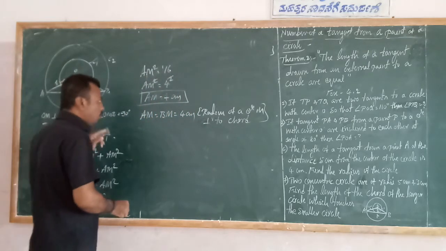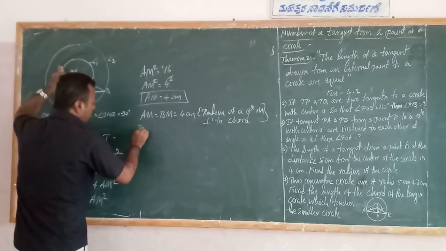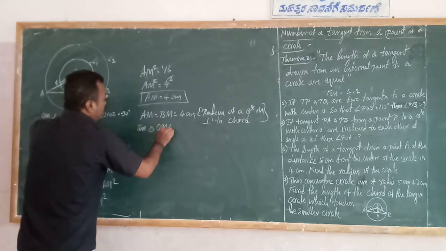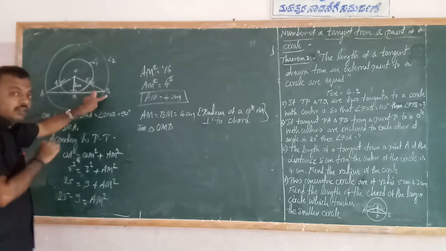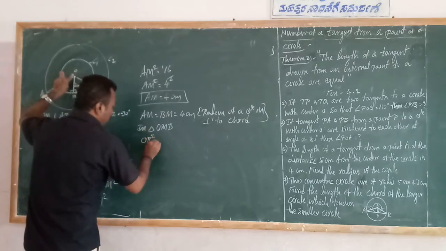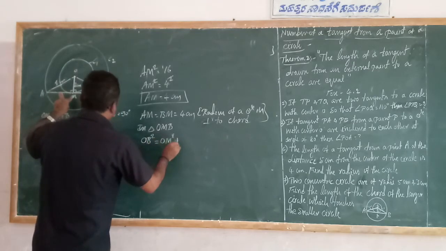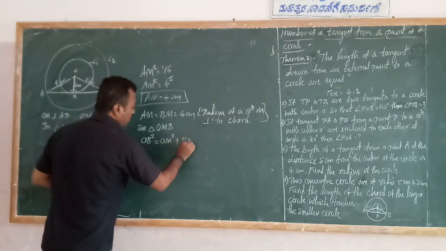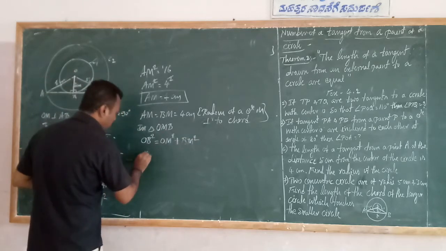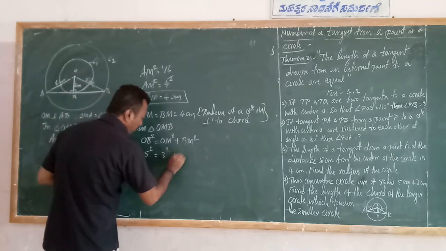Understood? Otherwise you have to use, again in triangle OMB, the Pythagoras theorem. Again OB square is equal to OM square plus BM square. OB square is 5 square, OM square is 3 square, plus BM square.